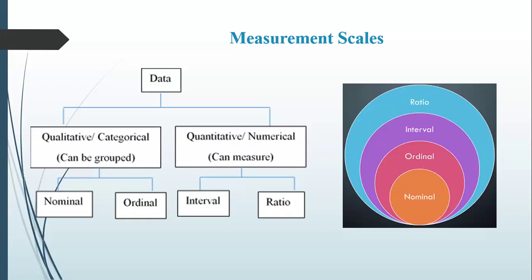We can divide our measurement scales into 4 parts: nominal scale, ordinal scale, interval scale, and ratio scale. Among them, nominal and ordinal scales can be considered qualitative, and interval and ratio scales can be considered quantitative.